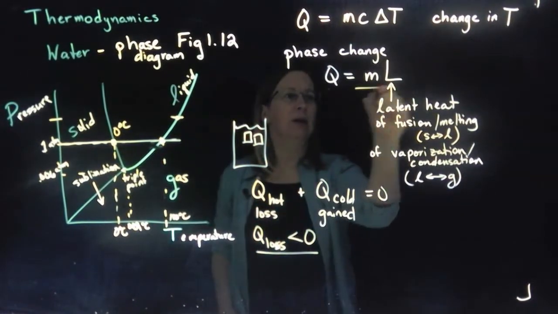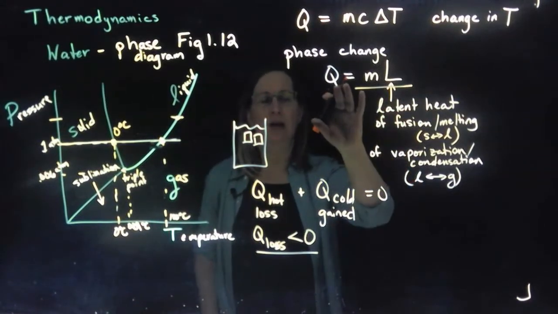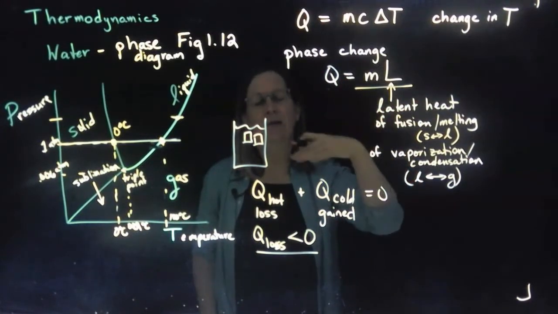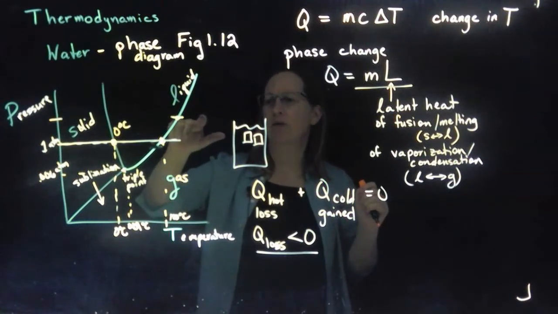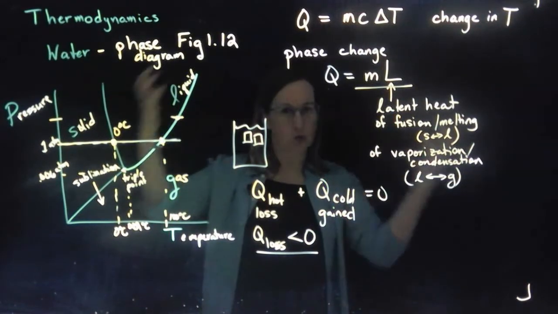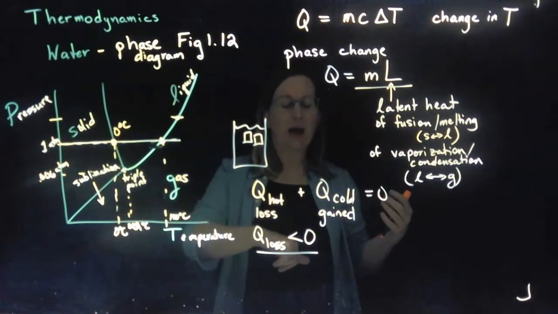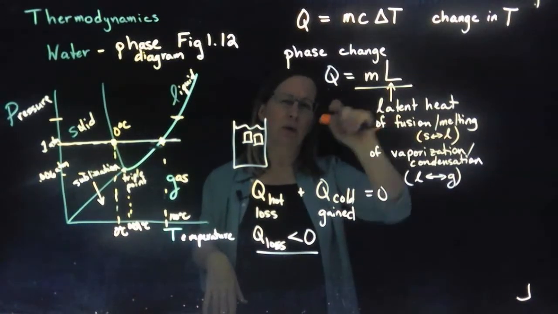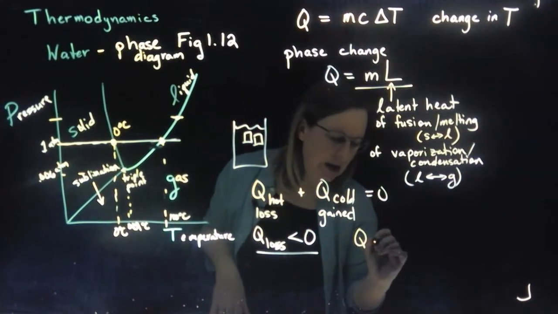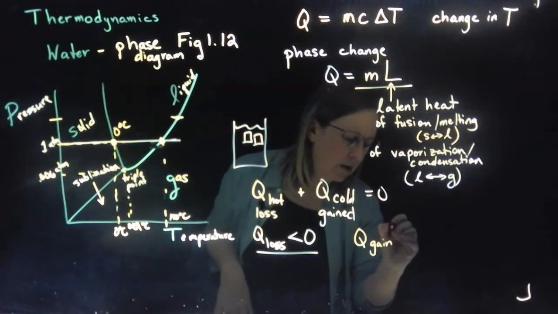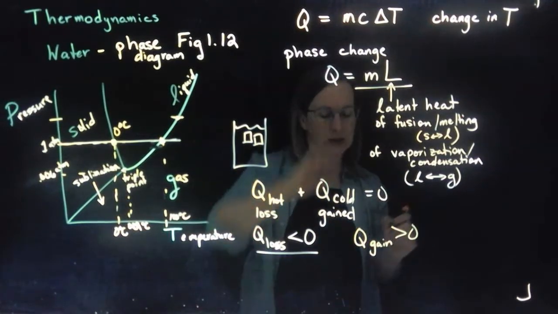So even though this doesn't have a sign, if something is giving up heat as it's making a transformation, like it's going from gas to liquid, so it's releasing heat, then that would be a negative value here. You really have to watch your signs. Whereas if you're gaining, that would be a positive value.